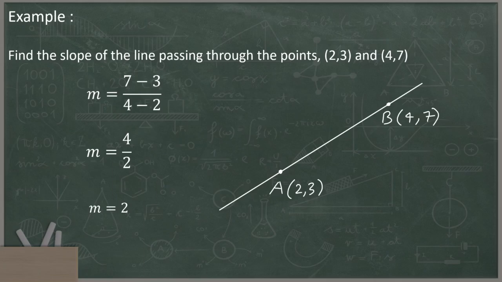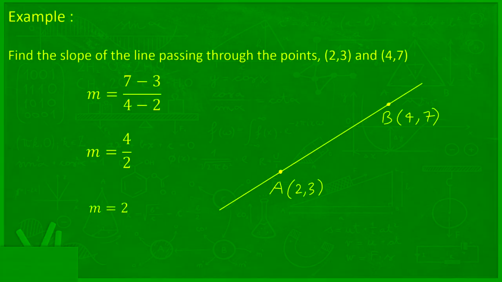Simplifying, m is equal to 4 by 2, and m is equal to 2. The slope of a straight line on which the 2 points (2, 3) and (4, 7) are there can be found by using the formula, and the slope is 2.